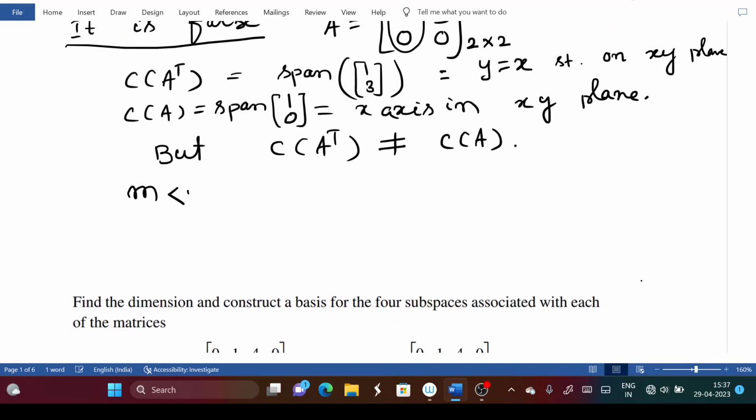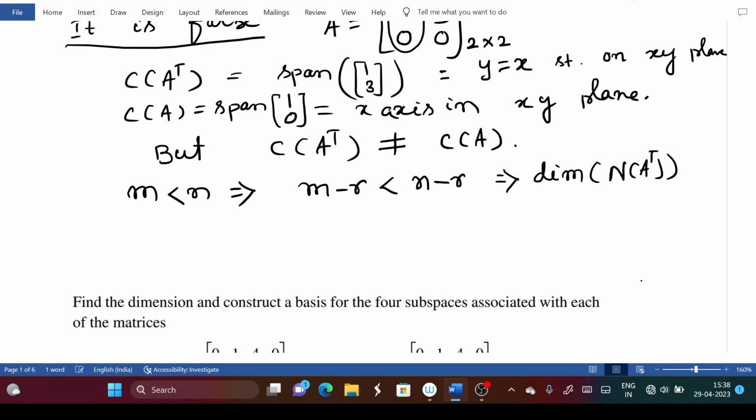M is less than N implies M minus R, where R is the rank of the matrix, is less than N minus R. That implies the dimension of the left null space is less than the dimension of the null space. This question's answer is understood by all. So the dimension of the null space is larger than the dimension of the left null space.